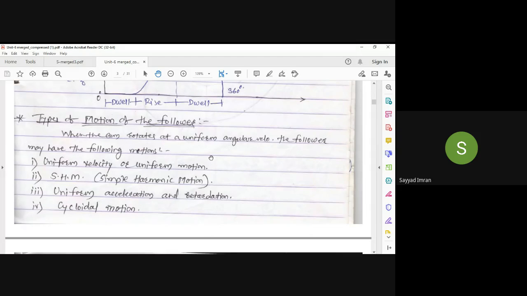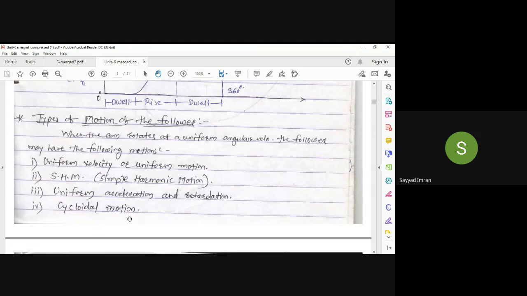These are the motions of the follower, not motions of the cam. How many motions of followers are there? Four. Which are those? Number one, uniform velocity. Number two, SHM, simple harmonic motion. Number three, uniform acceleration and retardation. And number four, cycloidal motion.